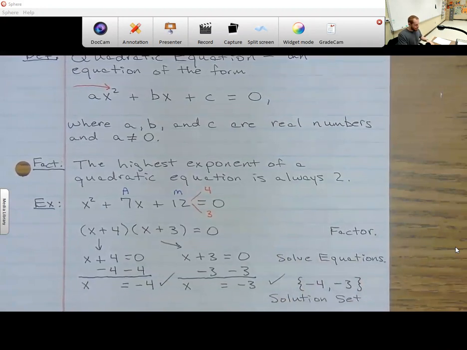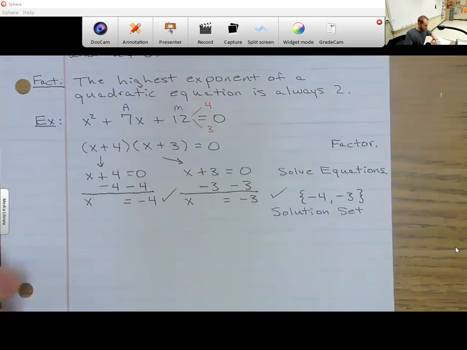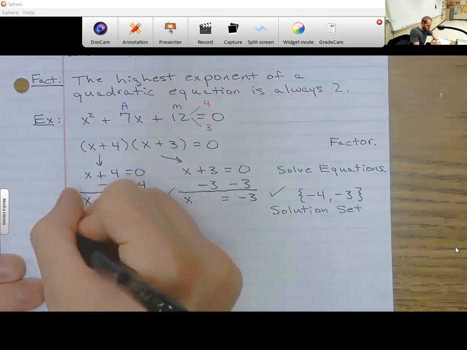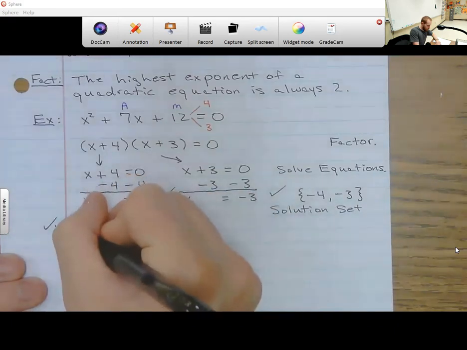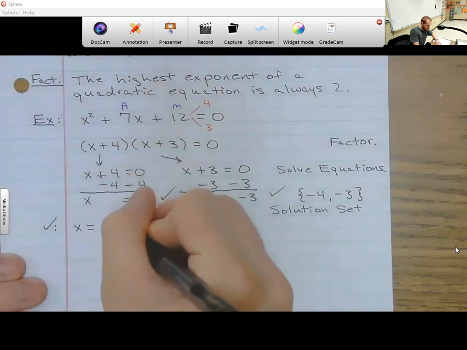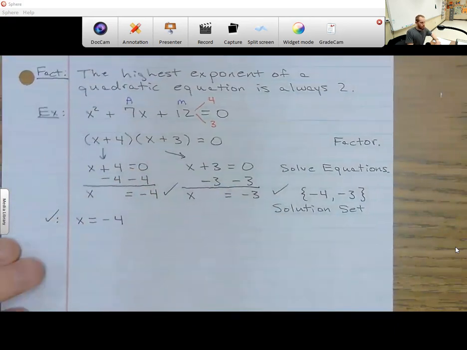Now, before I get to the next question, I want to show you how to check your answers so you know that you're doing them right. Basically, when you want to check them, you plug them back in for x in the original equation. So let's go ahead and try that. The first one I want to check is x equals -4.